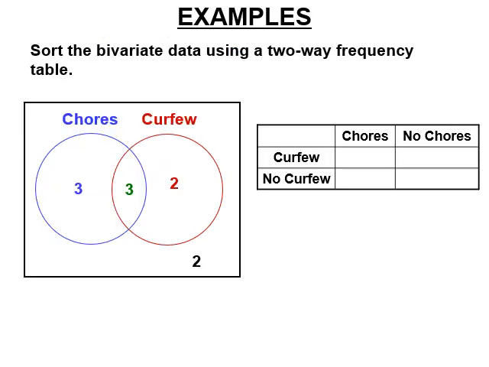So let's do this one. Copy this and fill it in. So we have 2 for no curfew, no chores. We have 3 that have both chores and curfew. We have 3 that have chores but no curfew, and 2 that have curfew but no chores.